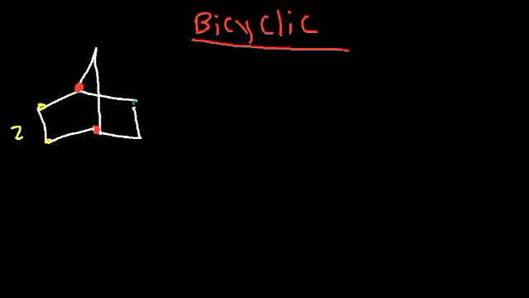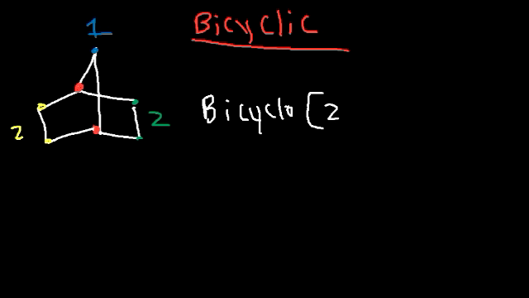Notice that there's 2 carbon atoms on this side. And what about this side? Notice that there's only 1 carbon atom. So the total number of carbon atoms that we have in this structure is 7. To name it, it's going to be bicyclo, and in descending order, it's going to be 2, 2, 1, and then 2 plus 2 plus 1, and then add the 2 bridgehead carbons, that's going to be 7, so heptane. That's how you can name a bicyclic compound.